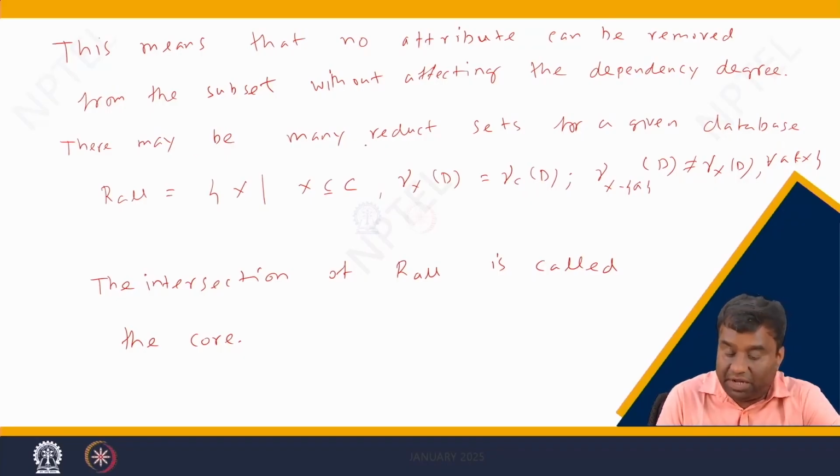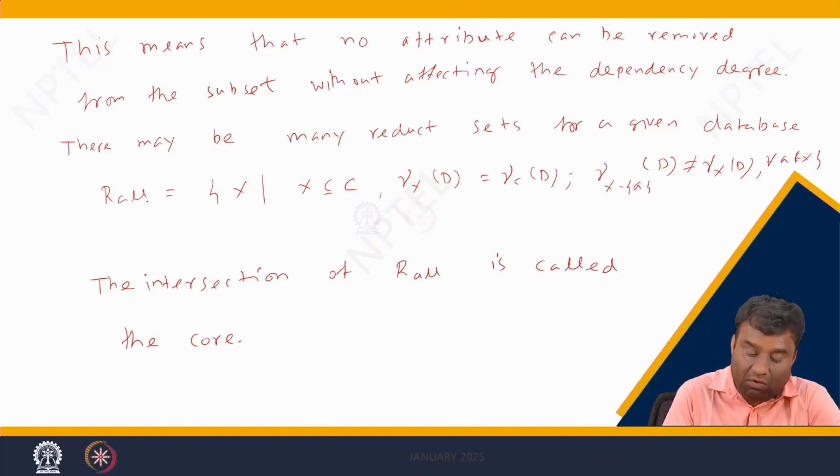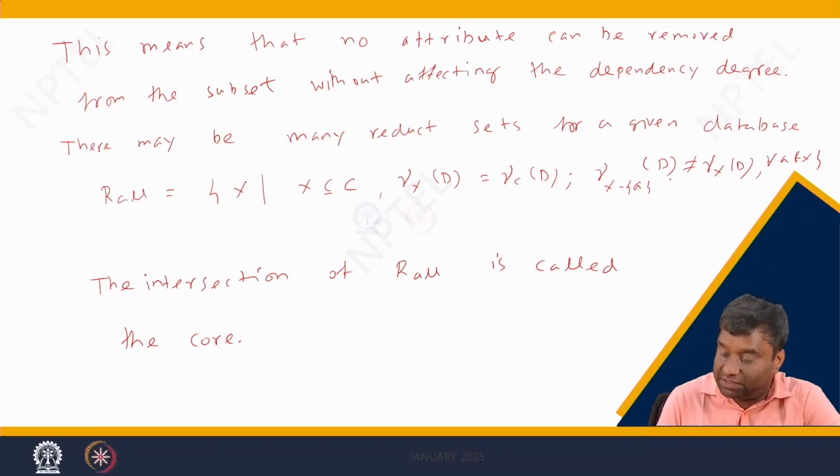There may be many reduct sets for a given database, so that can be written as R all, which is X, where X is a subset of all attributes C, and gamma XD equals gamma CD, and gamma (X minus A) D is not equal to gamma XD for all A belonging to X.